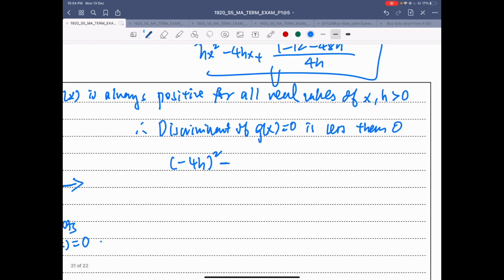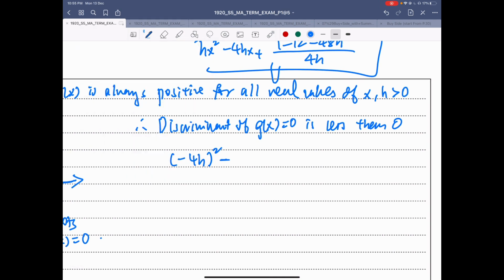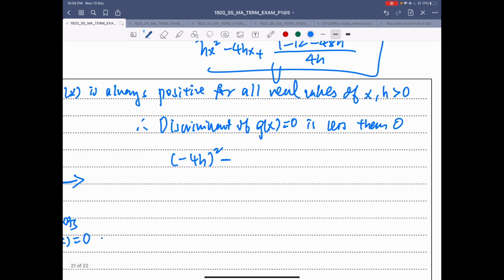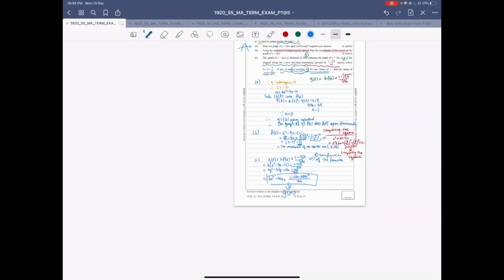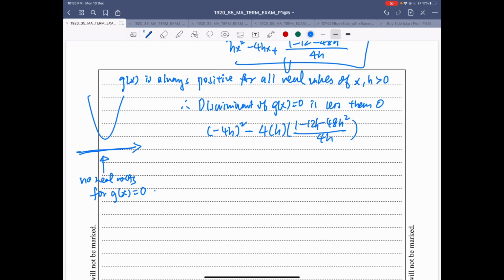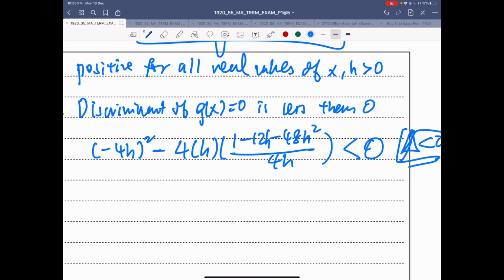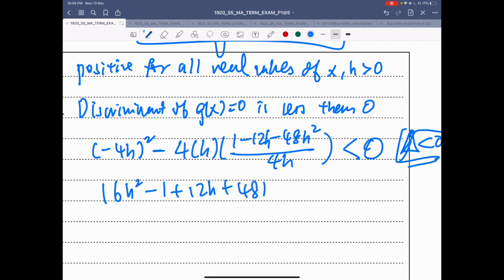Negative 4h squared, b squared minus 4ac. Did I miss an h here? Yes, I missed an h here. So b squared minus 4ac is less than 0, okay, delta less than 0. So simply solve this quadratic inequality and you can obtain this value.